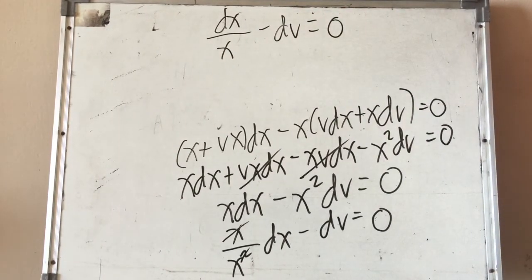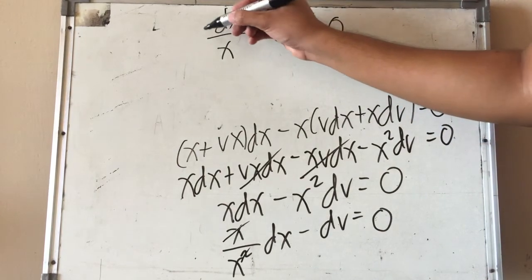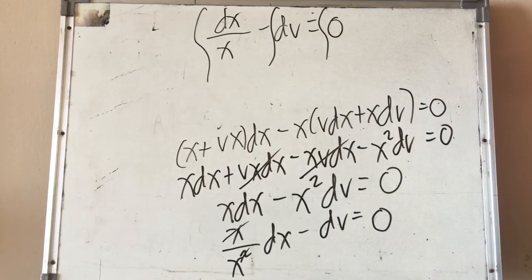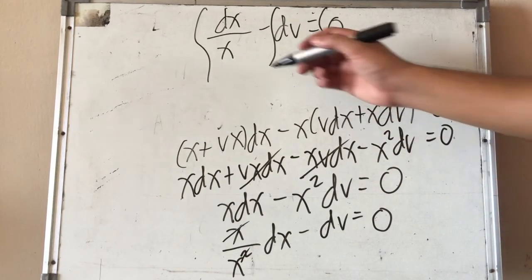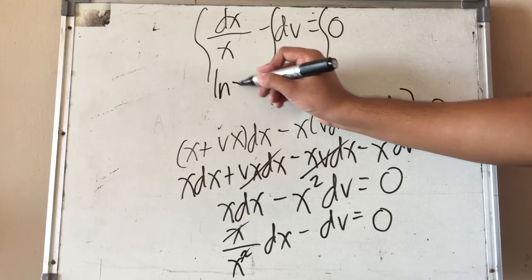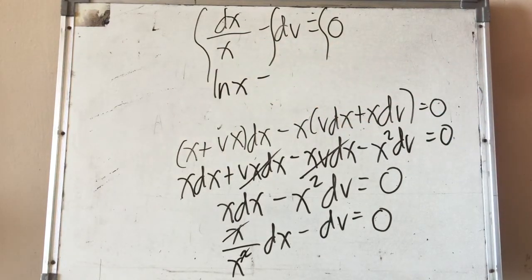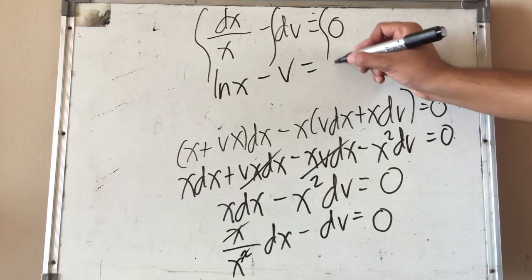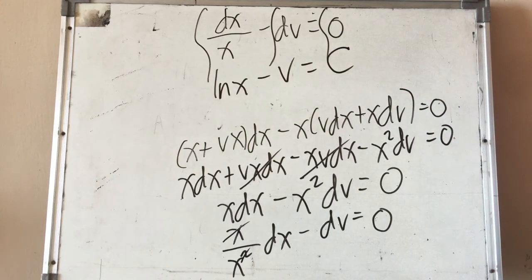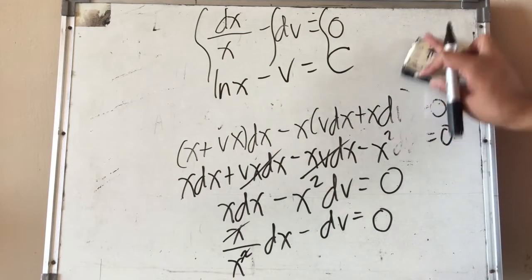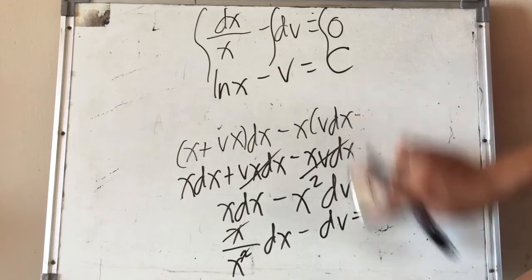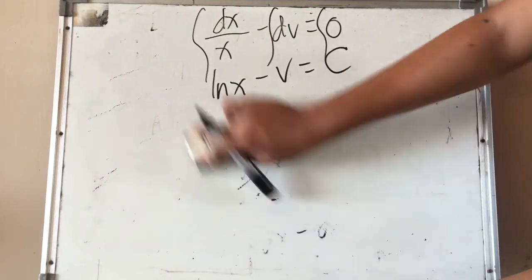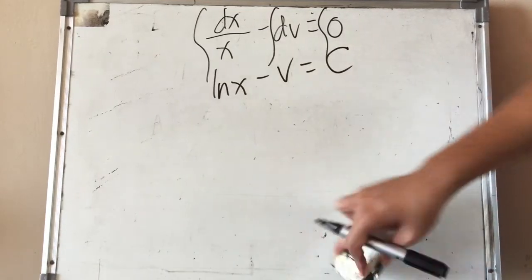So after separating the variables, we can now integrate. The integral of dx over x is ln x, minus the integral of dv, which is v. The integral of 0 is constant c. So we now have a general solution, which is ln x minus v equals c. But we should substitute v.